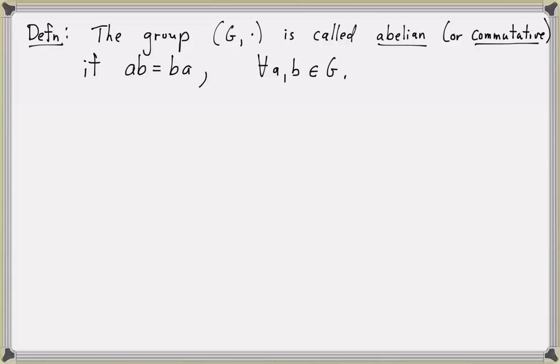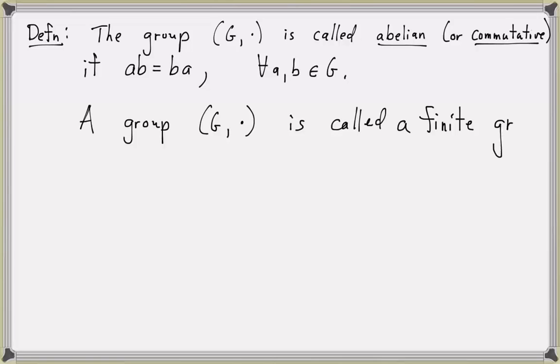So the real numbers under multiplication or the real numbers under addition would represent an abelian group. A group G under multiplication is called a finite group if G is a finite set.